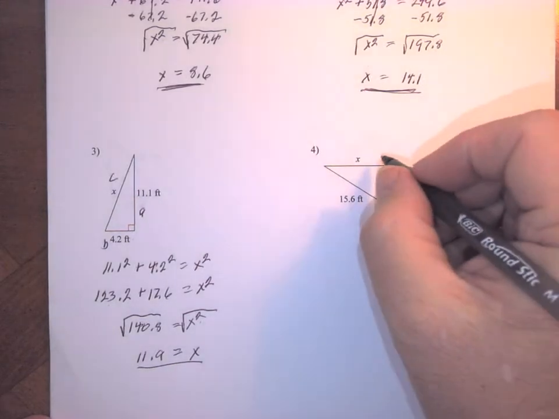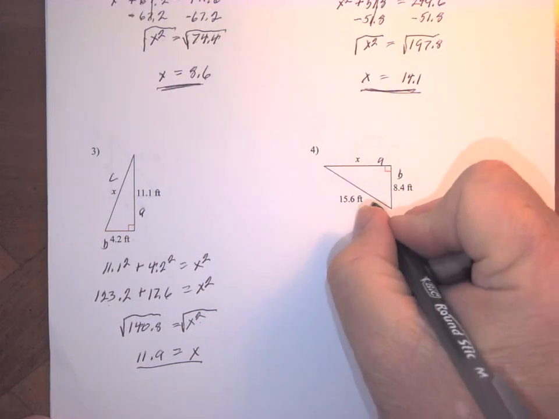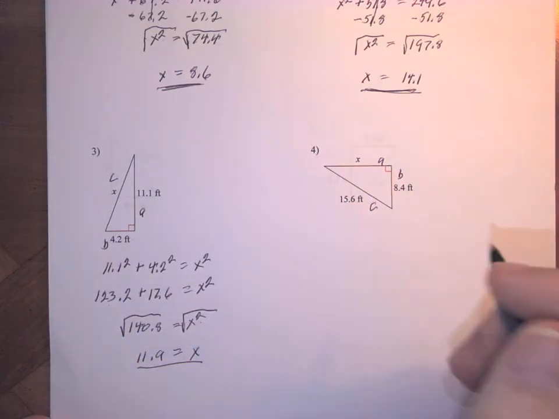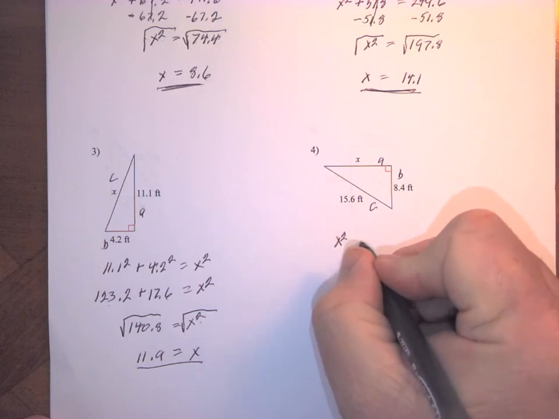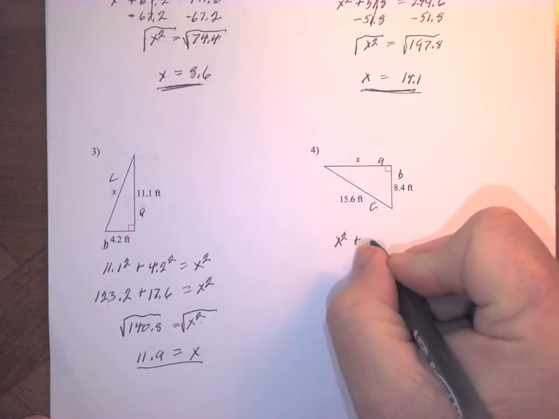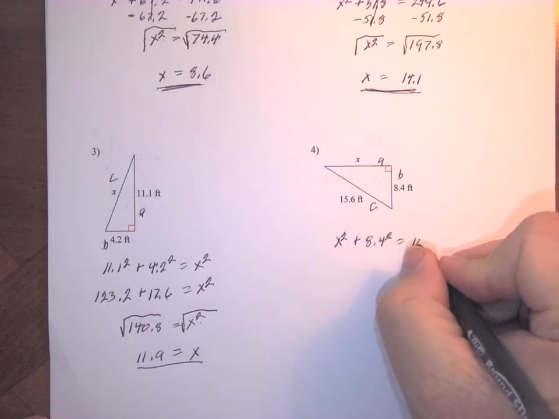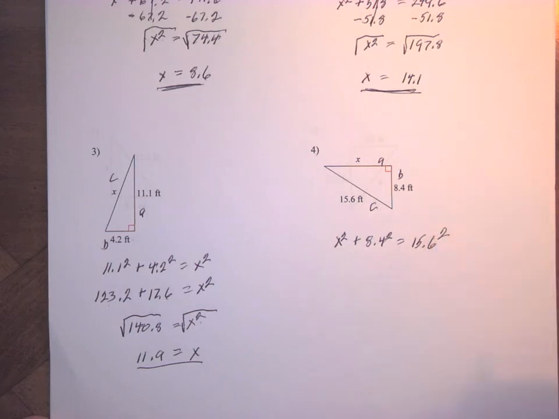Well, we got A, B, and then C, like I said, is the longest one. It's across from here. So I end up with x squared plus 8.4 squared has got to equal 15.6 squared.